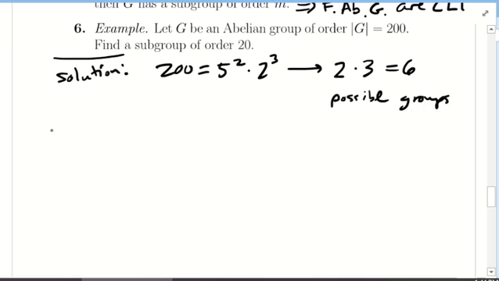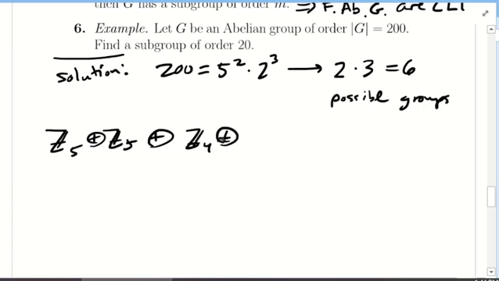Let's say Z mod 5 plus Z mod 5 plus Z mod 4 plus Z mod 2. Okay? And I can actually find a cyclic subgroup of order 20 in this group here.